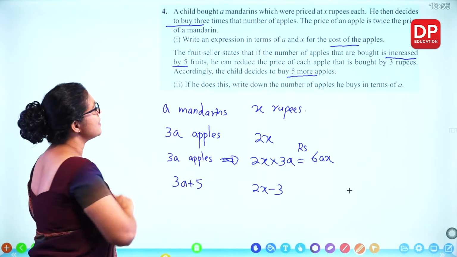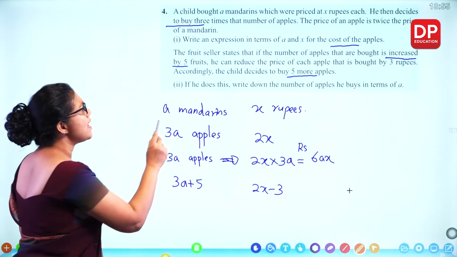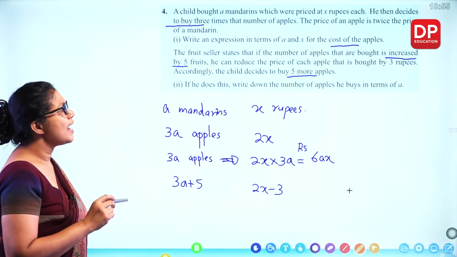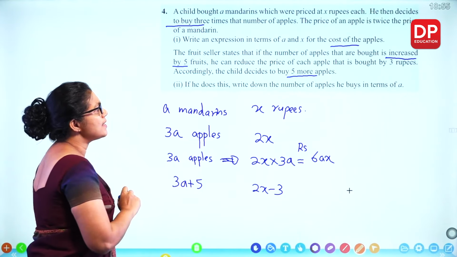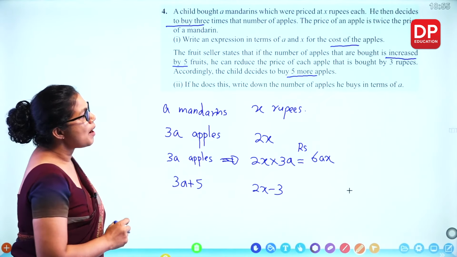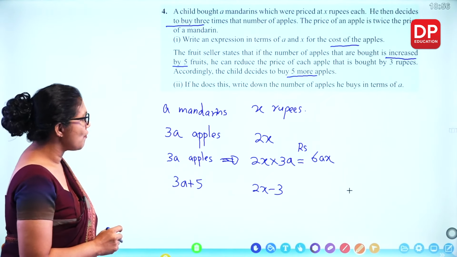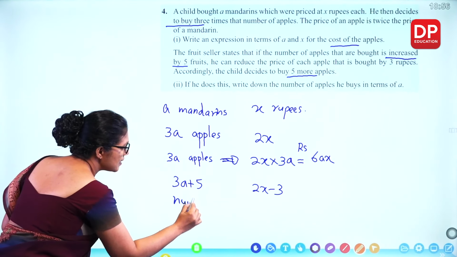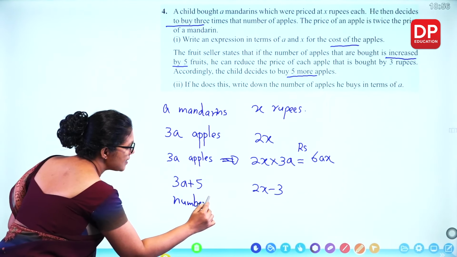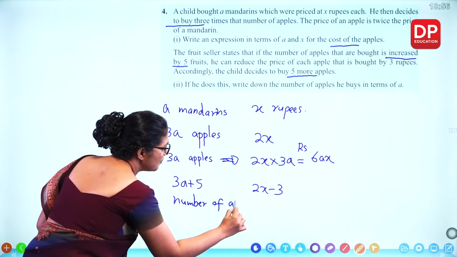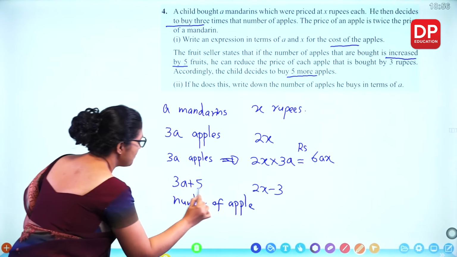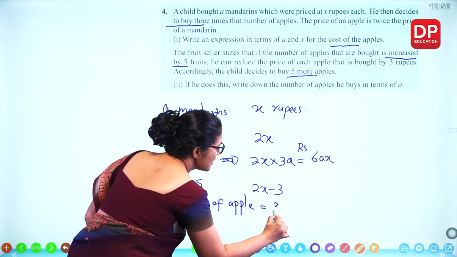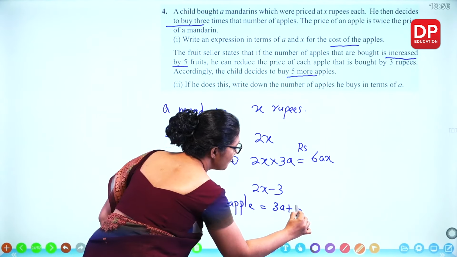Now we'll look at the second part. So if he does this, that means if the child buys 5 more apples, write down the number of apples he buys in terms of A. So we found out the number of apples that the child buys is this number, 3A plus 5.